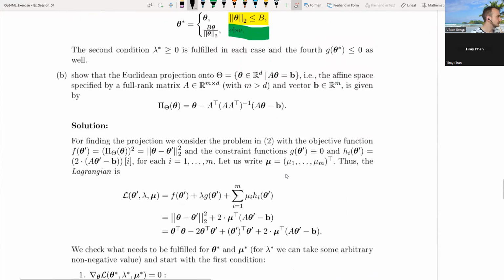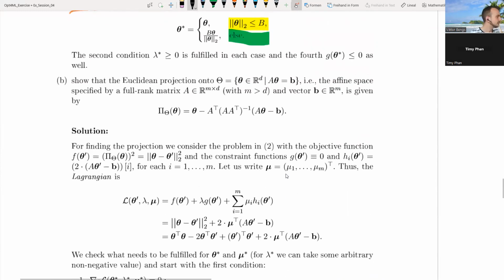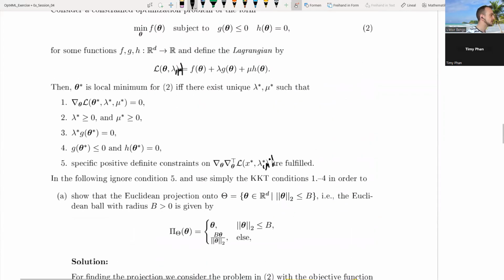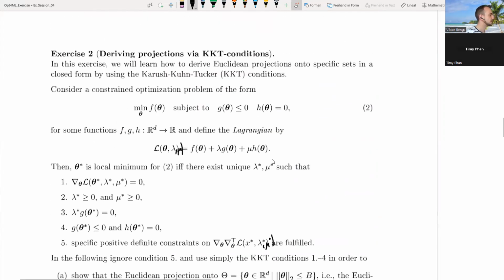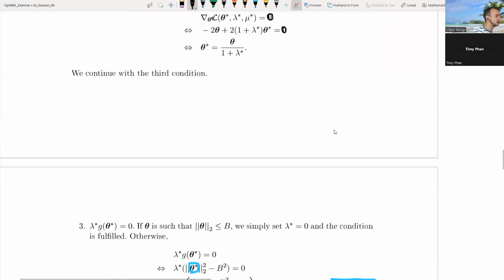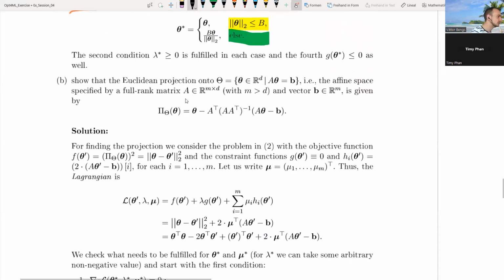So let's do it like this. I would suggest that we now go to the practical exercise quite quickly. I mean, part B is very similar to what we have seen for the Karush-Kuhn-Tucker conditions for the Euclidean projection on the Euclidean ball. Nevertheless, we will talk about it in the next exercise course.